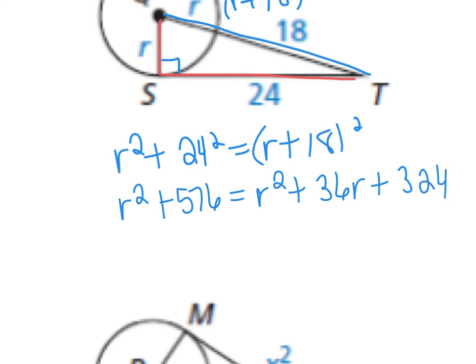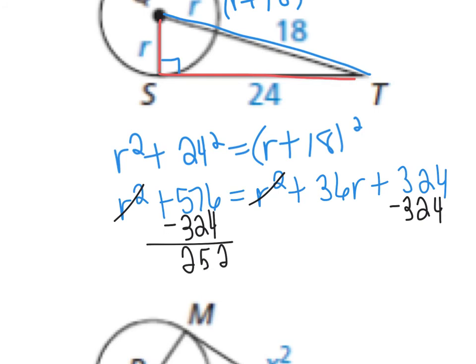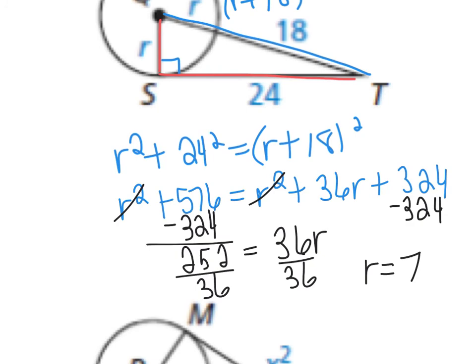And we would find that when we subtract R squared from both sides, they would cancel. If I subtract 324 from both sides, I would get 252 equals 36R. If we divide both sides by 36, we would get that our radius would equal 252 divided by 36, which is 7.